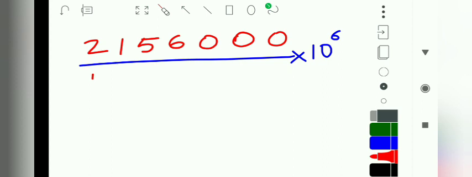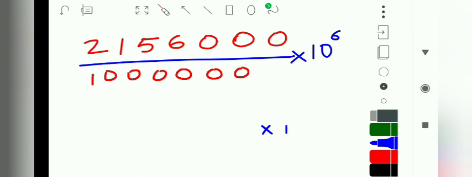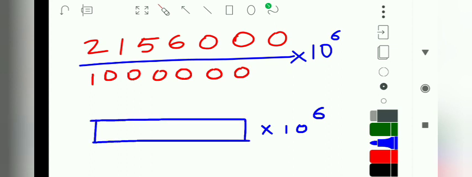In that case, you have to divide this number by 1000000, that is 10 to the power 6, and at the same time you have to multiply with the number 1000000.